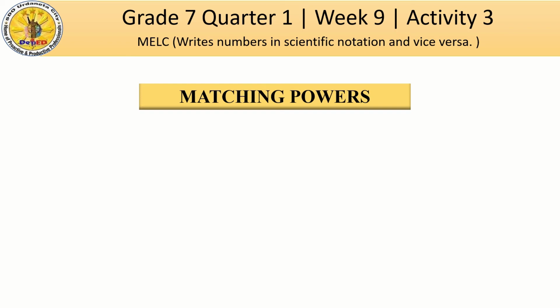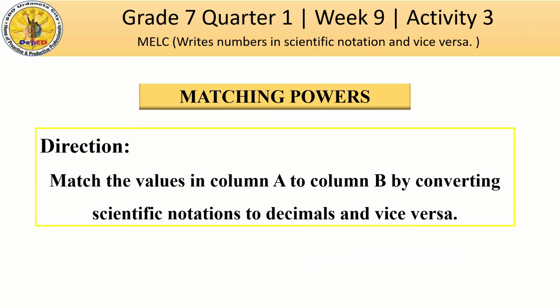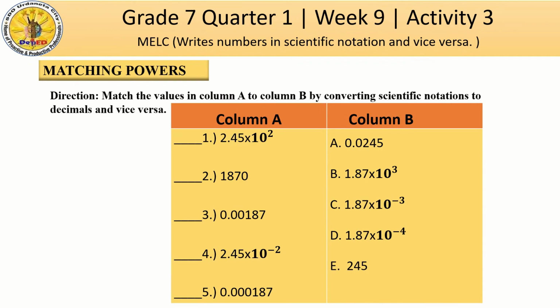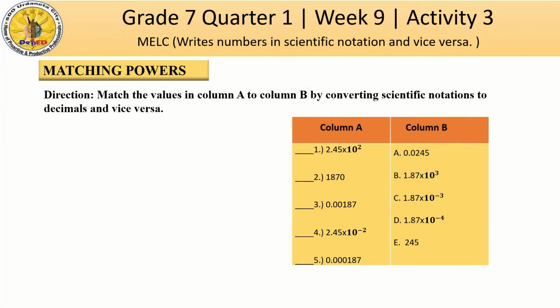Let's proceed to Activity 3. Ayan, Matching Powers. Here is the direction. Match the values in column A to column B by converting scientific notations to decimal and vice versa. Parang yung kanina lang. Magko-convert tayo. Example number 1. 2.45 times base 10 raised to the power of 2.